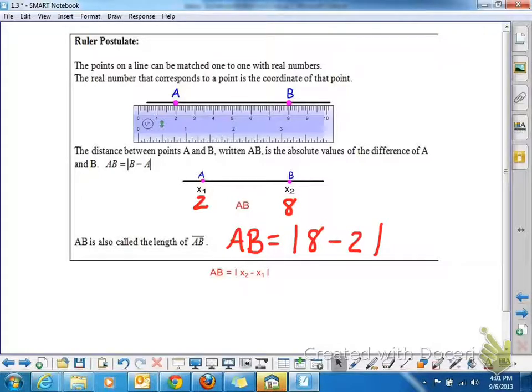So the distance between A and B is 6. Segment AB is 6 units in length.